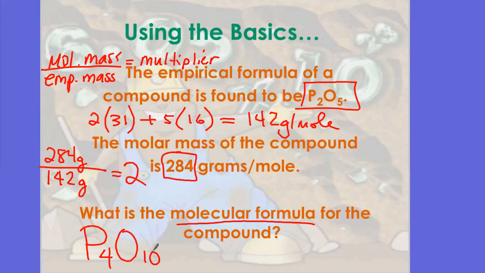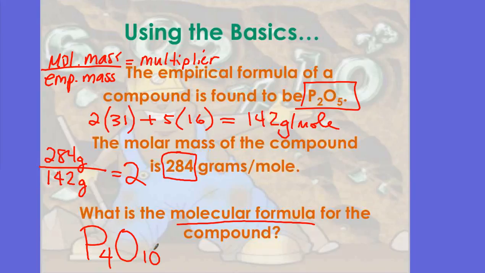The empirical formula is the most reduced, 2 and 5. The molecular is the bigger one, the not reduced one, 4 and 10. 4 and 10, you divide by 2, you can reduce down to the empirical. What if my multiplier was 3? Then it'd be P6O15. Simple enough?